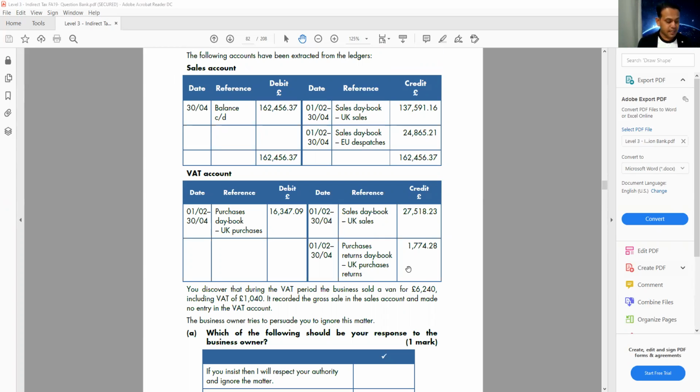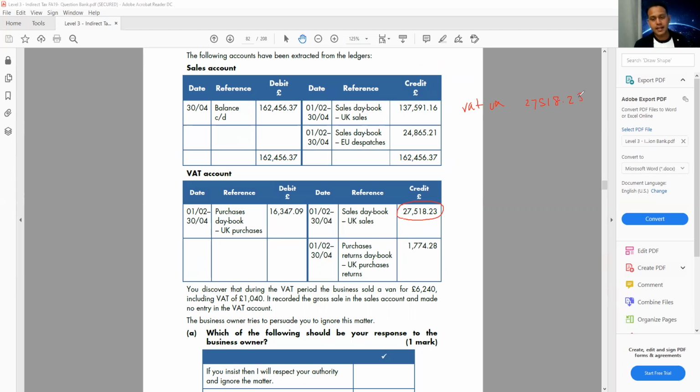So we look at the VAT account. We don't look at our sales account. So let's look at the VAT account. On the VAT account, you can see we have VAT on UKSL, that is 27,518.23.